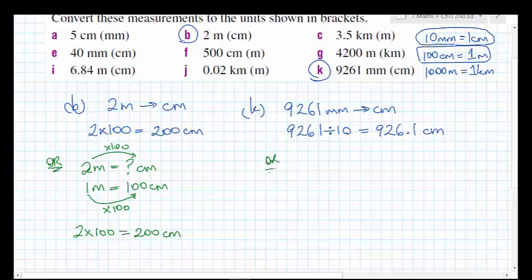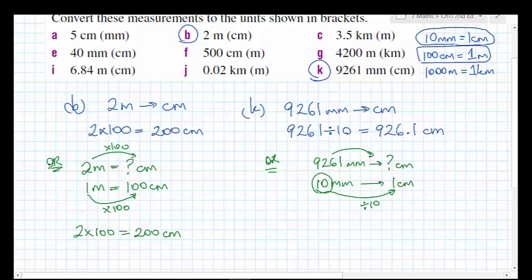Now again, using the same conversion techniques that we've tried over here, let's just have a quick look at this. The other alternative is I can say that I have 9261 millimeters and I want to convert that to a certain number of centimeters. I know that if I'm converting 10 millimeters into 1 centimeter, to convert this 10 to be 1, I actually divide by 10, because 10 divided by 10 gives me 1.